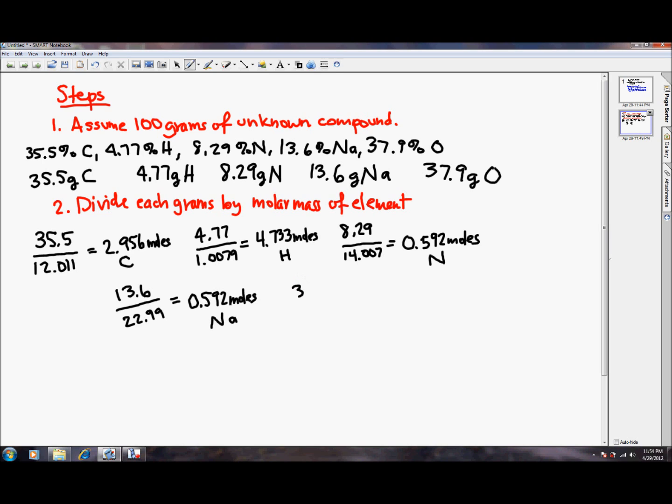Okay, and then lastly we've got 37.9 grams of oxygen divided by the molar mass of O, which is 15.999. Okay, and that's 2.37.